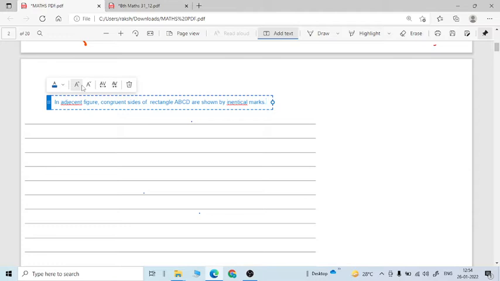State if there are any pairs of congruent angles in the figures.